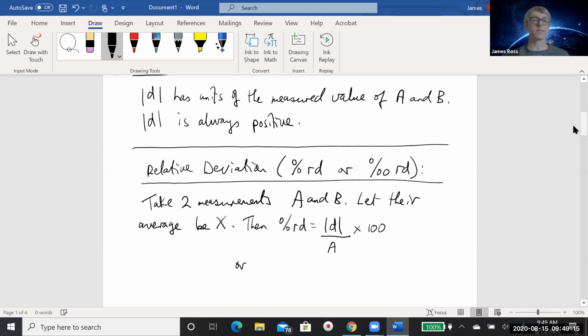Or let's use our space a bit more wisely. So this would be the relative deviation of A. The percent relative deviation of B would be the absolute deviation of B over B times 100%.